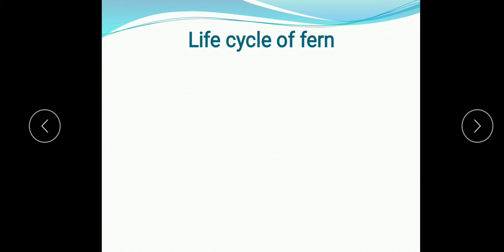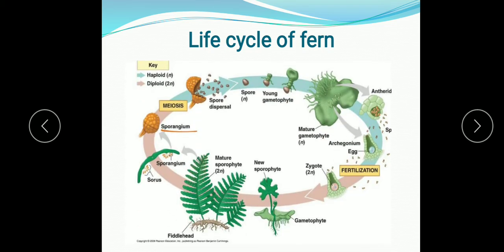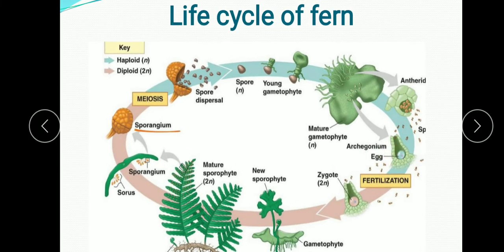Now we'll discuss the life cycle of fern. As we have studied the life cycle of bryophytes, we will study here the life cycle of fern. Here also we will see the gametophytic and the sporophytic stage. The gametophytic stage is the haploid, and the sporophytic is the diploid one.